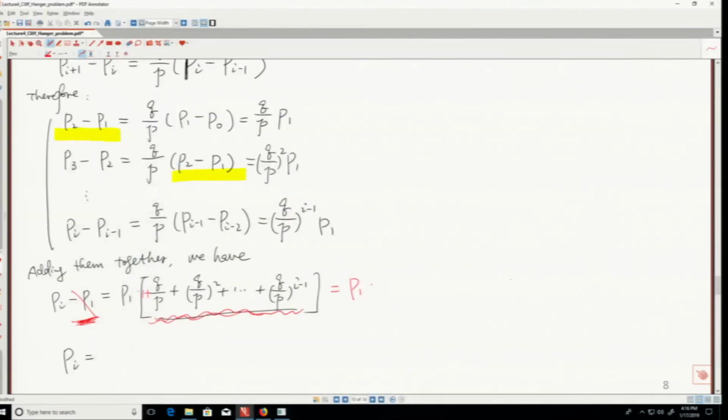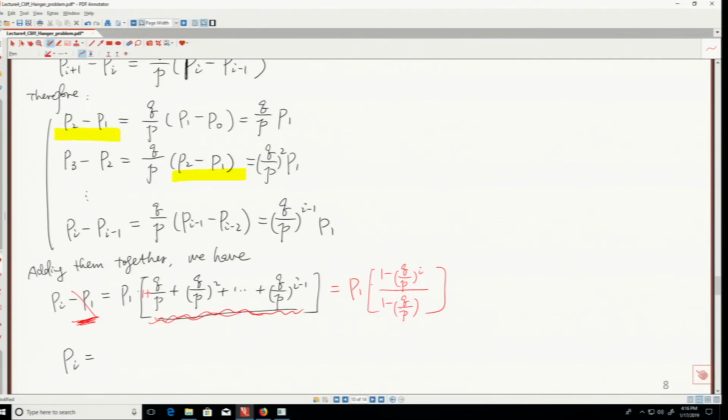So that's why this equals 1 minus Q over P to the I divided by 1 minus Q over P. Okay?